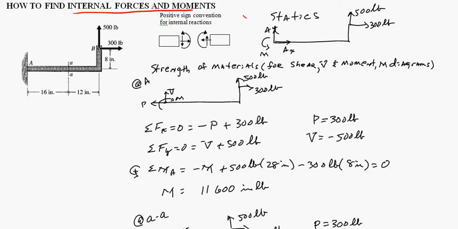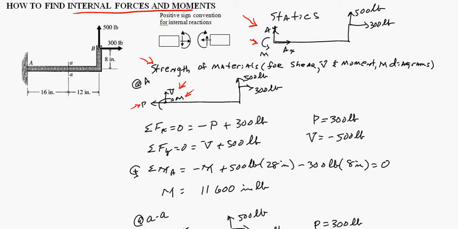In statics, we call them AX and AY and an amount of moment. When you go to strength of materials and start drawing the free body diagram, P is the axial force that causes either tension or compression stress. V is the transverse shear force that causes transverse shear stress. And M is the internal moment, the bending moment that tends to cause bending stress.